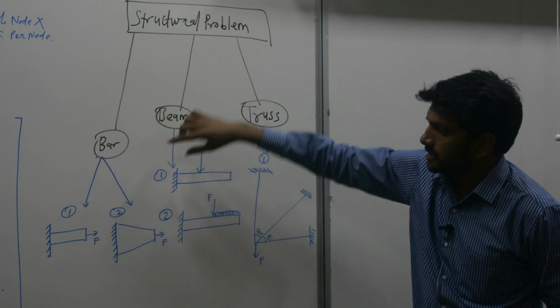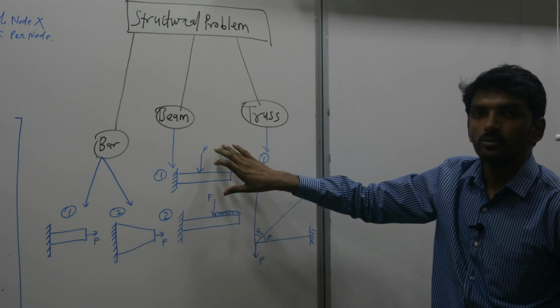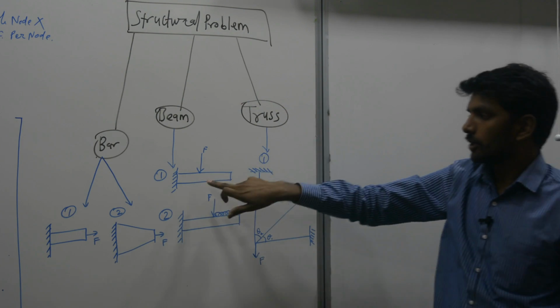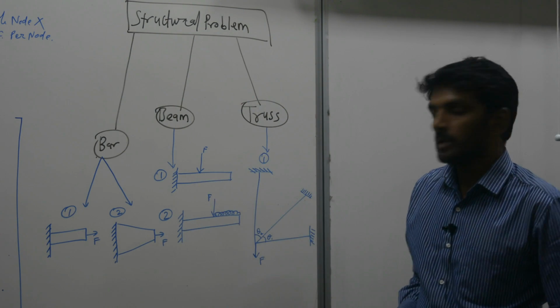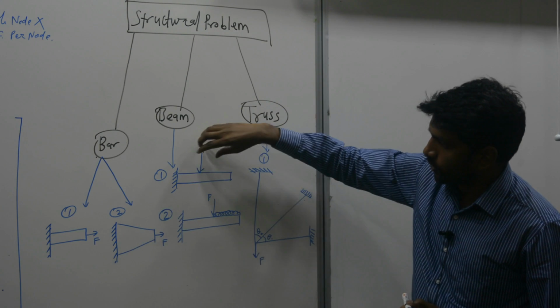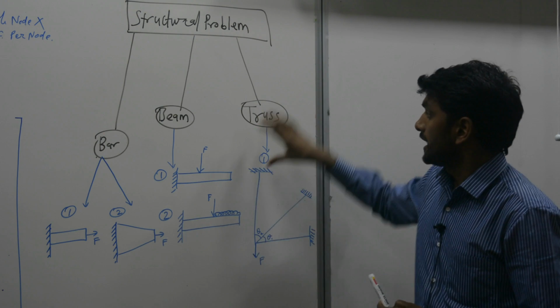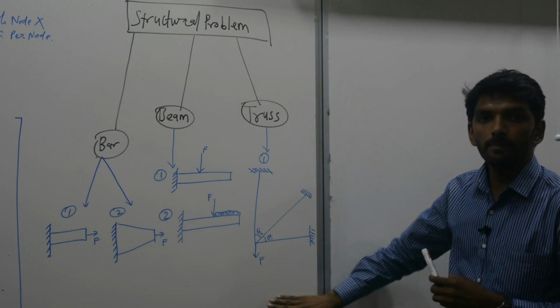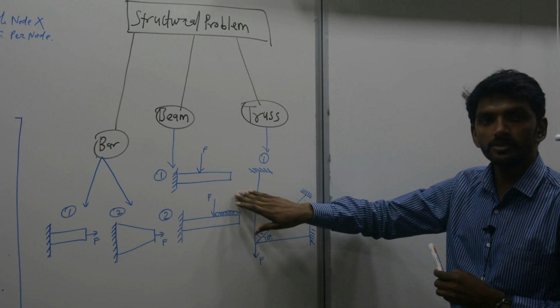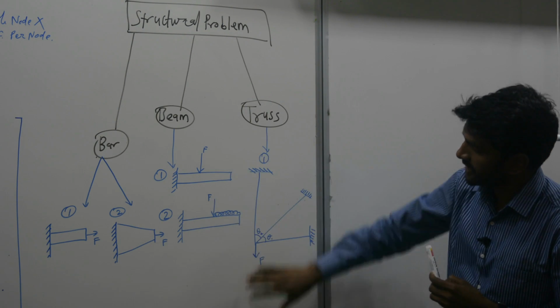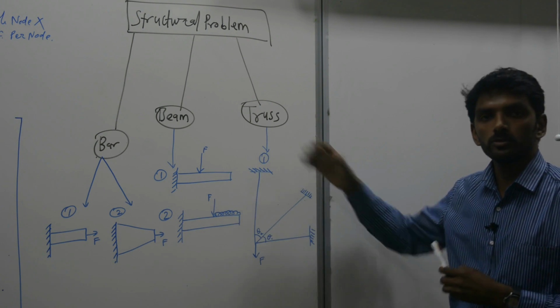In beam problem, there would be 2 kinds of problem. One is where load is just acting on a node, or the load is only a point load. In the second case, load is not a point load but another type like UDL or UVL. In truss problem, you will have a simple plane truss. It means x and y dimensions. You need to specify the various parameters and solve this problem.